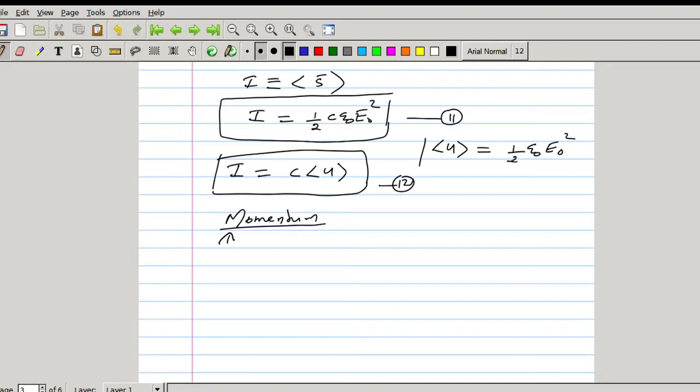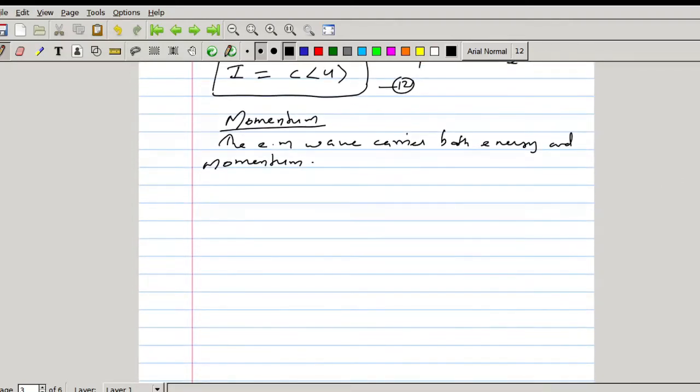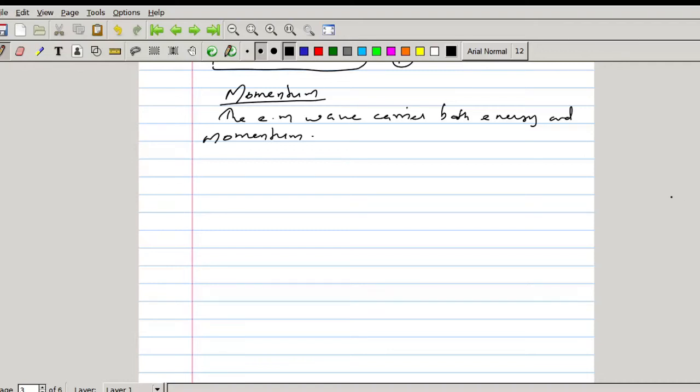The electromagnetic wave carries not only energy but also momentum. It carries both energy and momentum. We have already discussed the expression for energy. Now we discuss the expression for momentum.